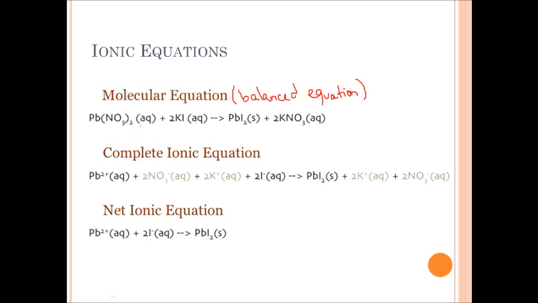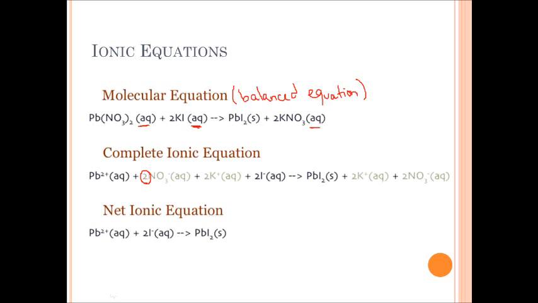Now, if you notice, we have 3 solutions. Both reactants are aqueous, and one of our products is aqueous. So when we go into our complete ionic, we're going to take each one of these, and we're going to take each part and break it into the individual ions. Okay, so we have lead plus 2, aqueous. The 2, because we have 2 nitrates, comes out front.